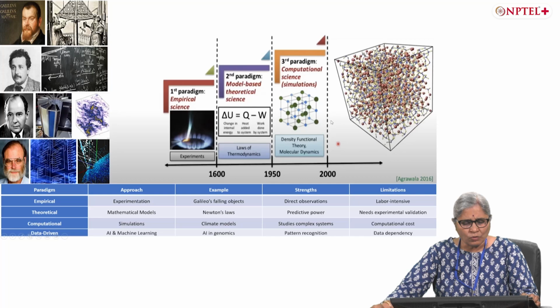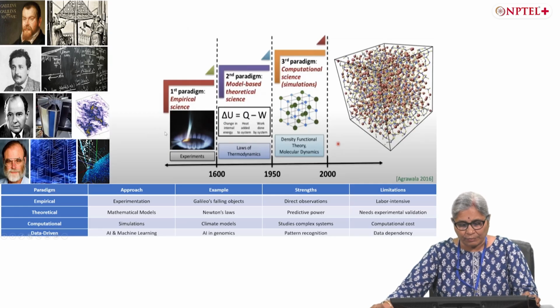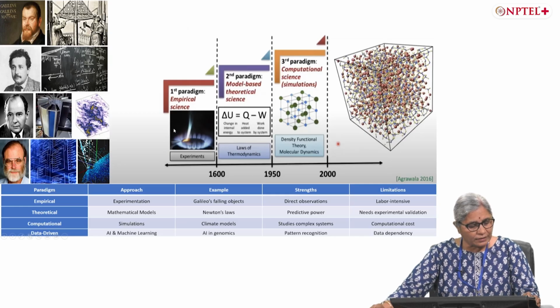Here I want to compare the four paradigms of our science. You can see empirical, theoretical, computational and data driven approaches; each paradigm has its own strength and limitation. Computational methods help study complex systems, but have their own set of challenges.